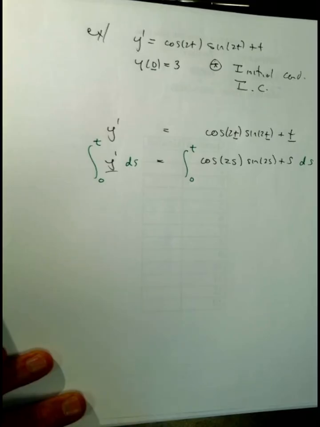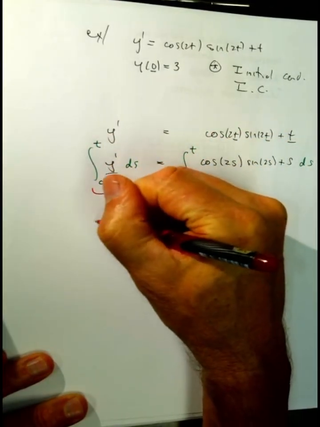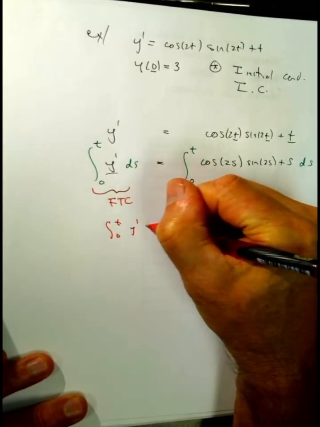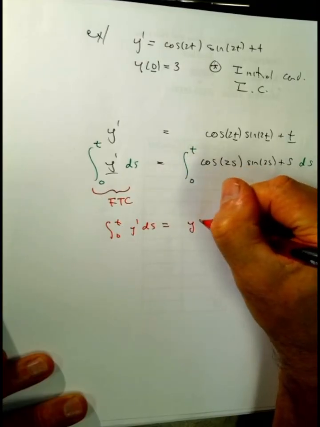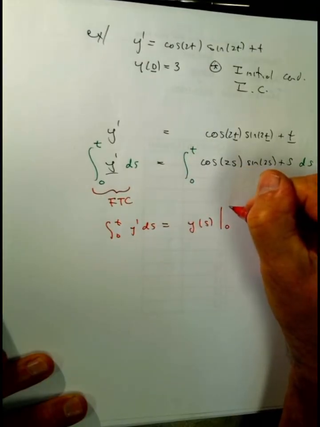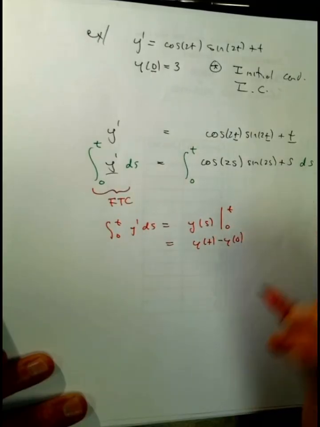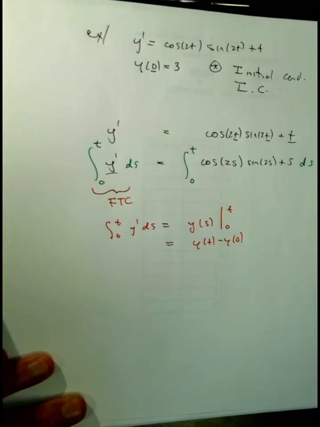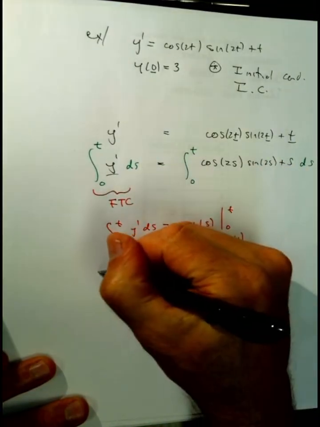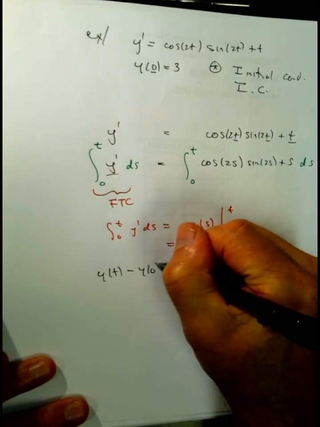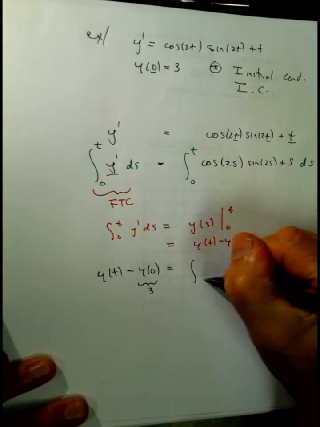And the thing to note here is that for this, I can use the fundamental theorem of calculus, which says that the integral of the derivative is just the original function, but because it's a definite integral, I'm going to go from 0 to t. So now, looking back at my original function here, the left-hand side looks like y of t minus y of 0, and I know I'm going to plug in 3 in here later.